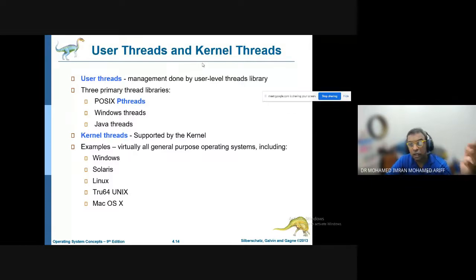The user threads are all the applications related to the user, so it can be your Microsoft Word, PowerPoint, Excel, and all those programs that a user is running. Those are the user threads. A kernel thread, on the other hand, is different. If you go back to the explanation, a kernel sits inside the operating system.